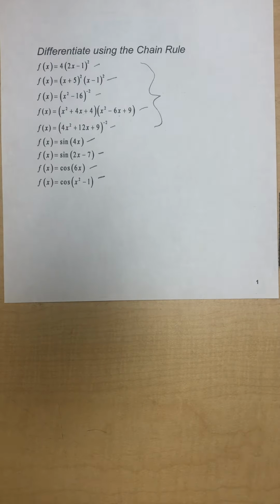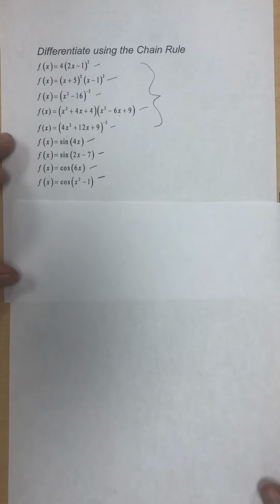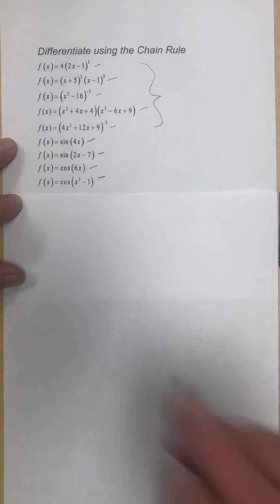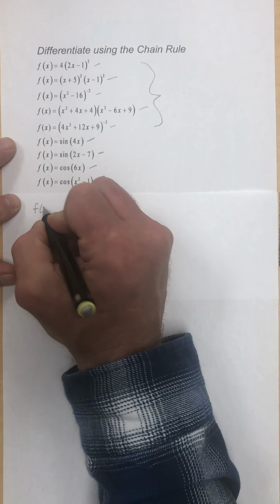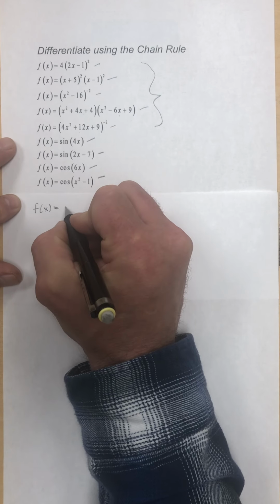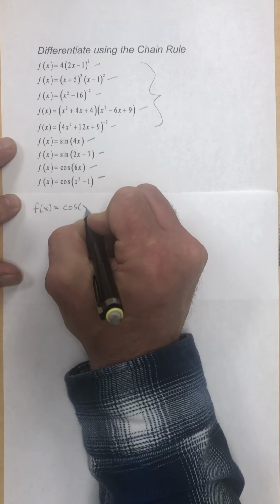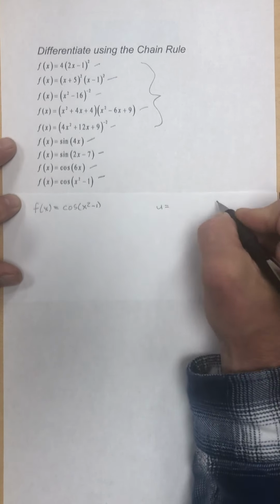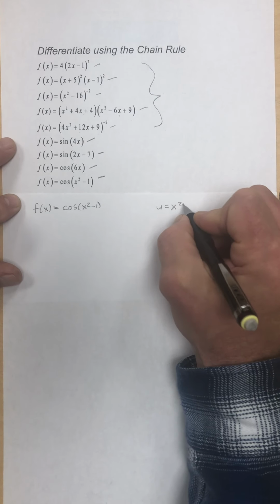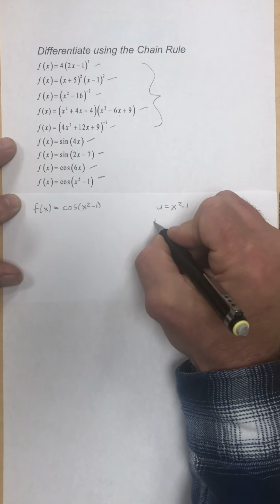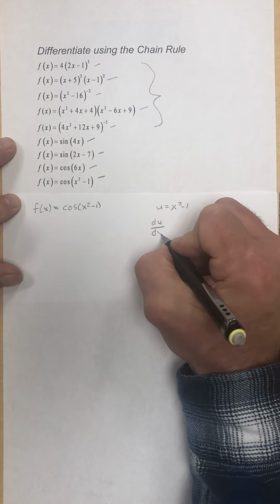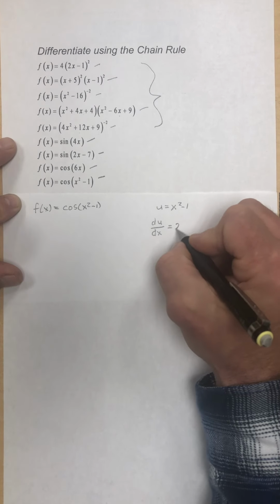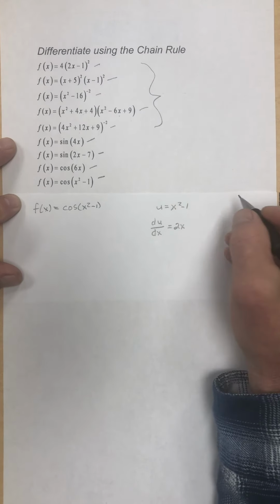Okay, let's see. So f of x equals cosine of x squared minus 1. Again, u is what's inside, the x squared minus 1. So the derivative of u, du dx, just ends up being 2x minus 0, so 2x.